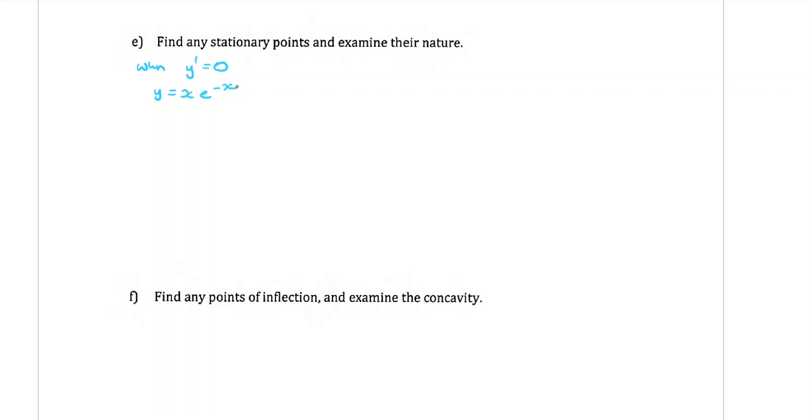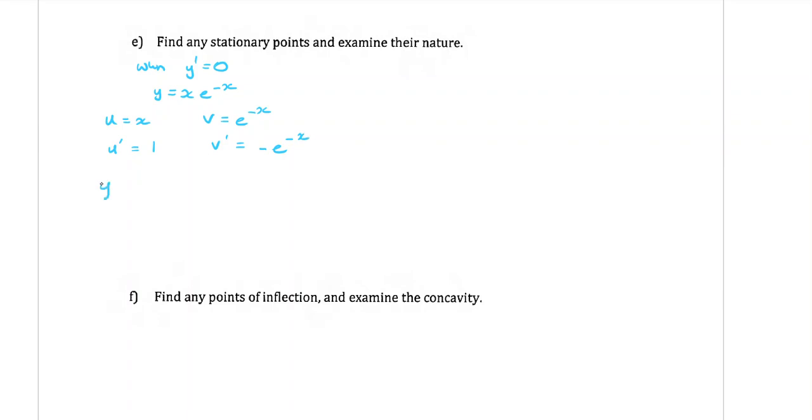It's a product. So u is going to be equal to x, v is equal to e to the negative x. u dash is 1, v dash is negative e to the negative x.